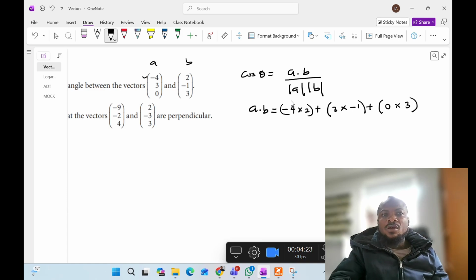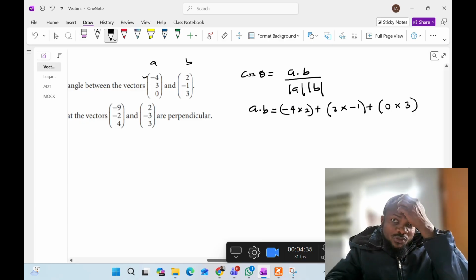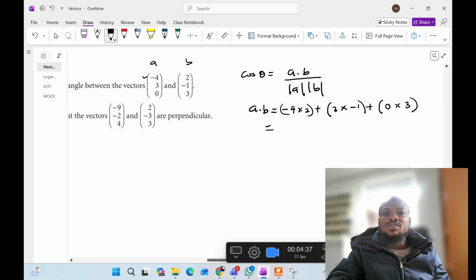You can also call it A1, A2, A3, B1, B2, B3, or AX, AY, AZ, BX, BY, BZ. Any one that is comfortable for you is fine. So this becomes minus 2 times 4 is minus 8, then 3 plus 0. The answer is minus 5.